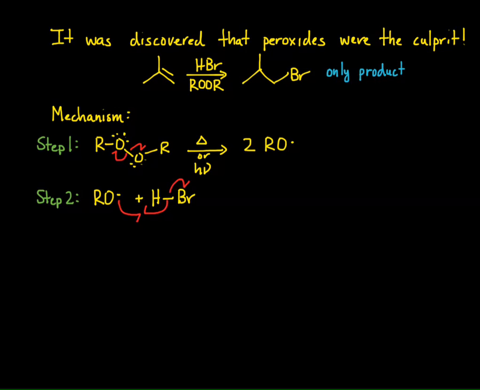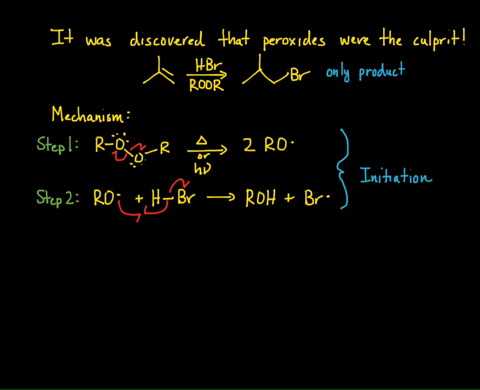And then that other electron goes to the bromine. The result is you form an alcohol plus a bromine radical. So now we see a bromine radical that's going to be involved in the reaction.